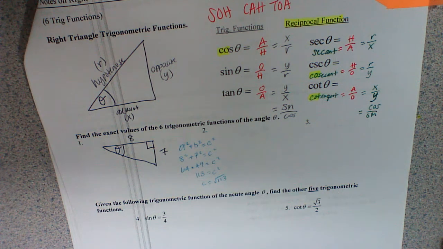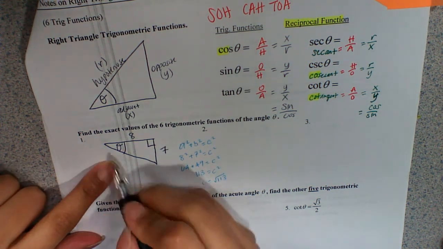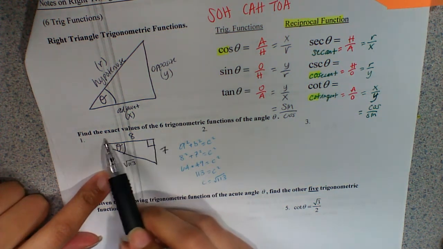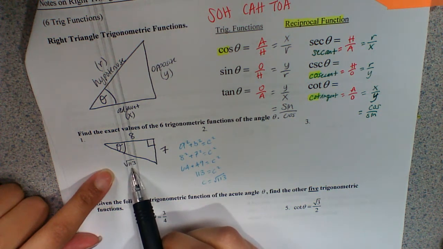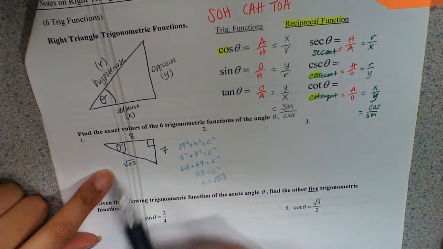I'm just going to keep it as the square root of 113. Okay, so now we know that third side, we know the hypotenuse is the square root of 113. So now what I'm going to do is, it's asking for the exact values, and it's saying exact because it wants you to keep it in square root form because that's actually the most accurate form that you can possibly give me rather than decimals.